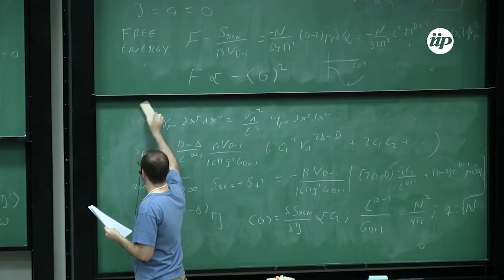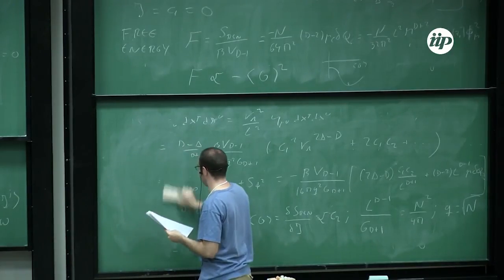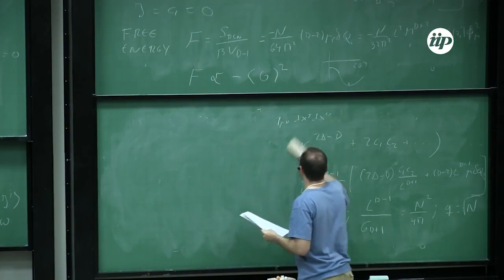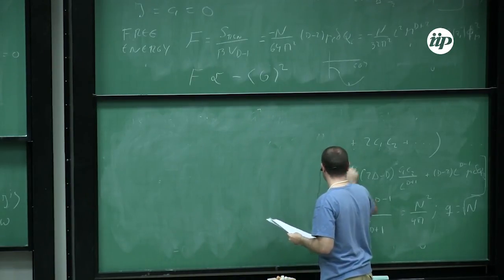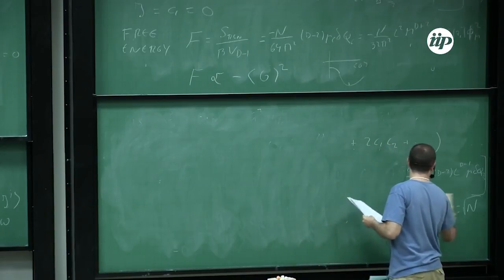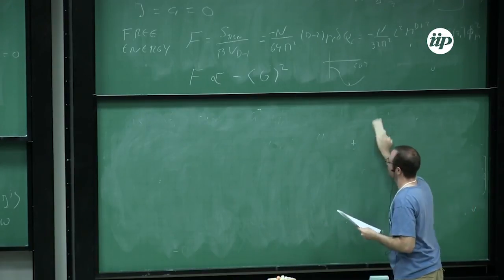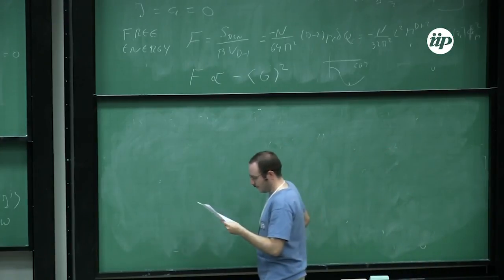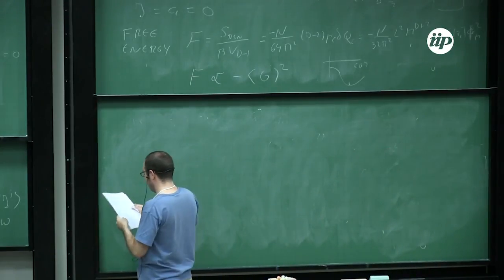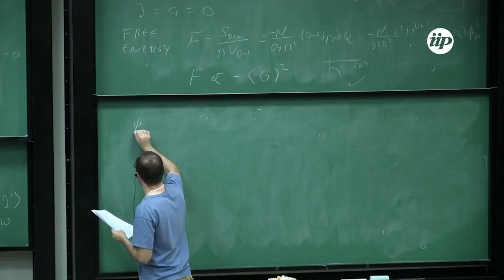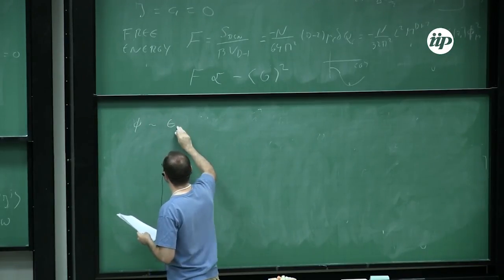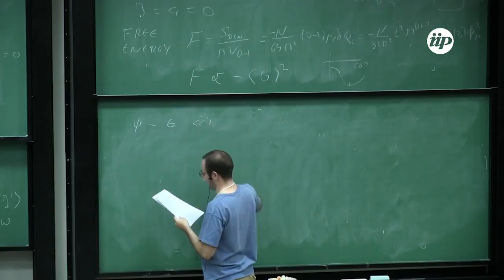So what happens if I turn on the scalar field? Well, as I said, when we were close to the critical point, the amplitude of the scalar field was small, of order of some parameter epsilon.